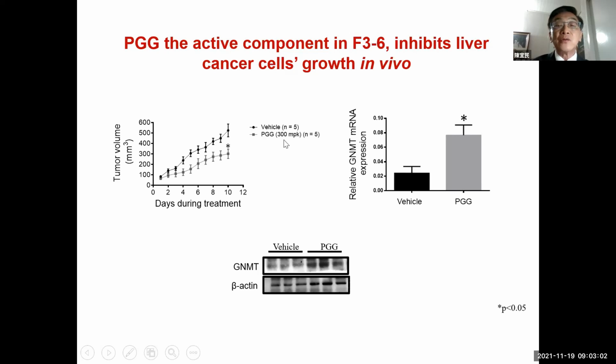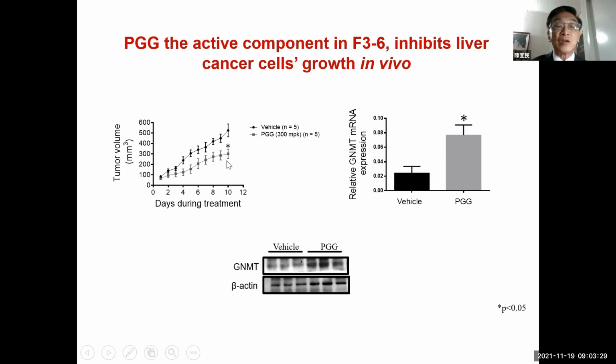We used 300 milligrams per kilogram as the dosage to treat mice that had been implanted with Q7 hepatoma cells. You can see that this is the tumor growth curve of the mice treated with PGG compared with those treated with the vehicle.